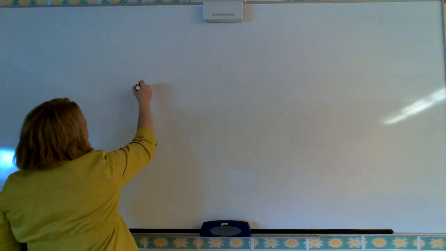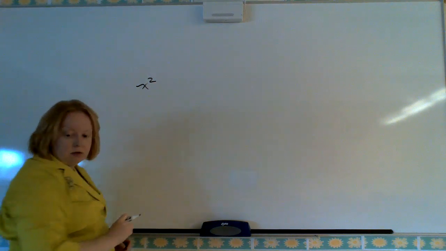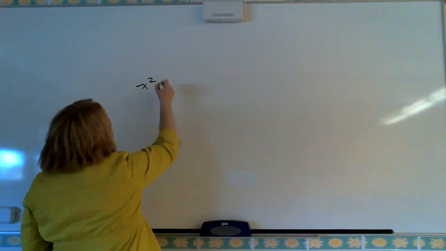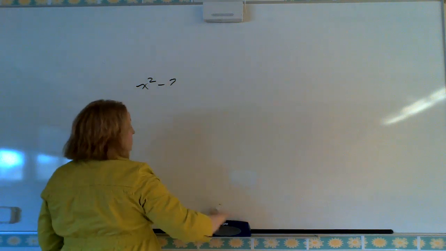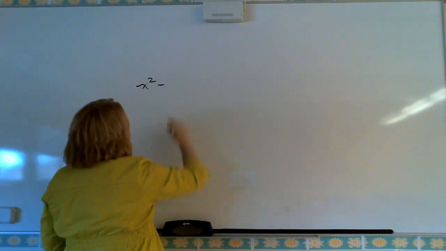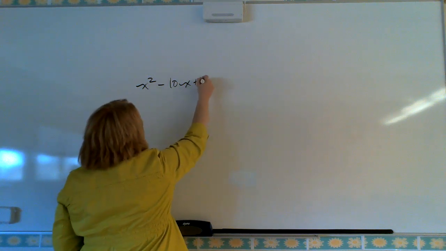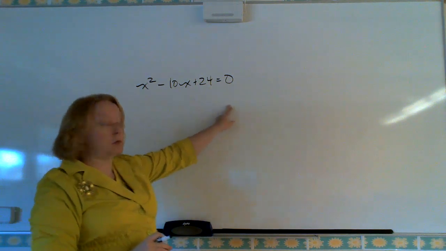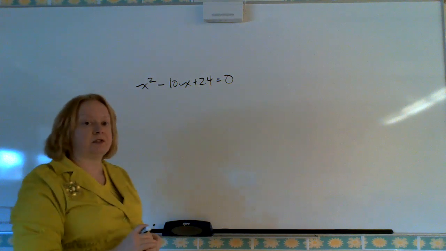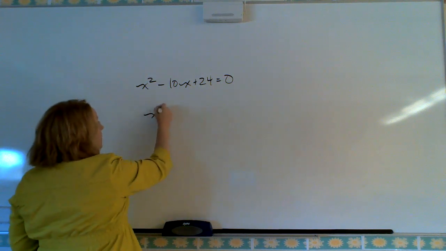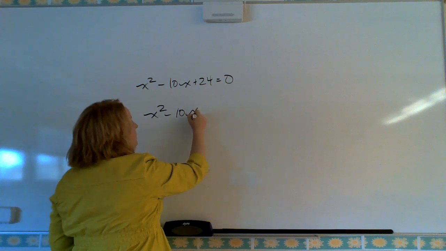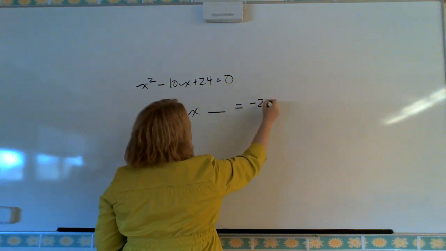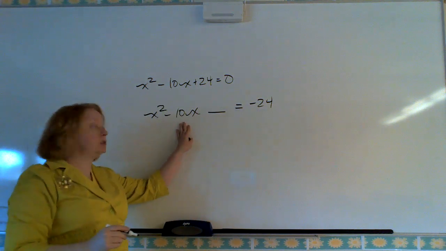Let's say I have x squared minus 10x plus 24, and that's equal to 0. The first thing we're going to do is move this constant over to the other side. So we get x squared minus 10x equals negative 24. Okay, so I'm going to complete the square.